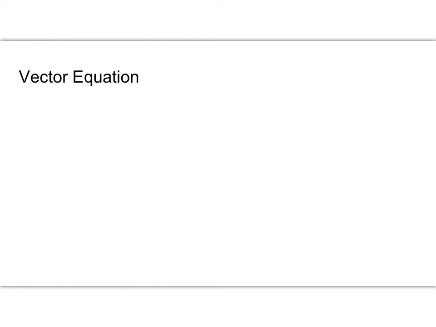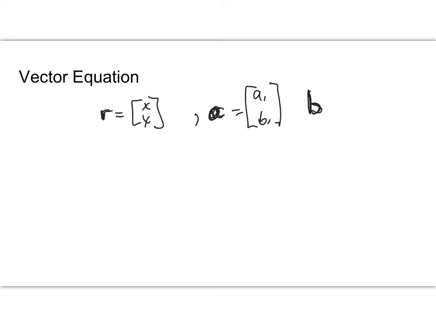Now if I want to turn that into a vector equation, it's really simple. If I make vector r equal to x, y, and vector a, let's make that darker so you know it's a vector, equals a1, a2, and vector b equals b1, b2.